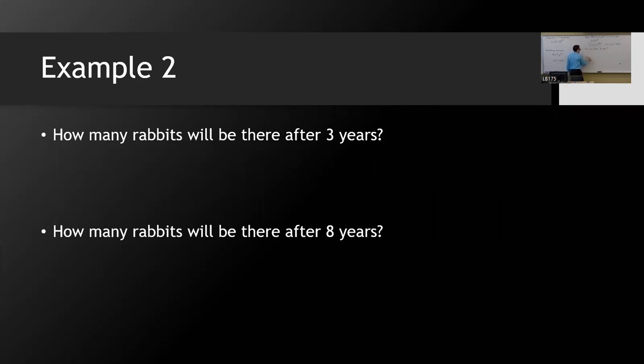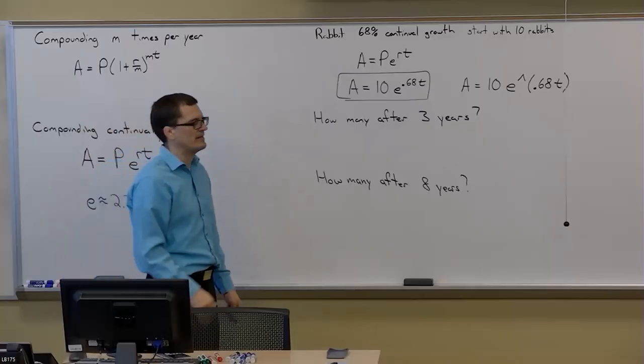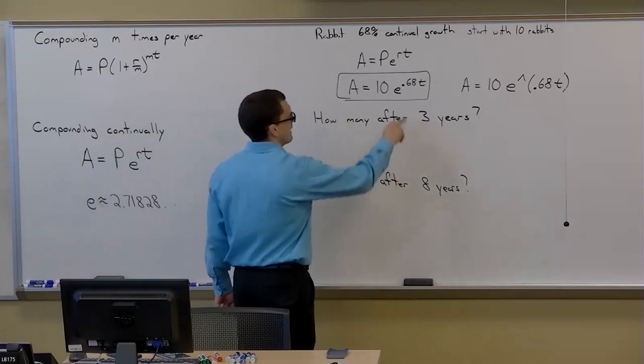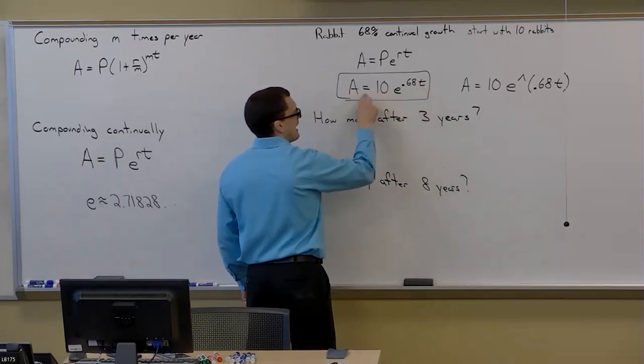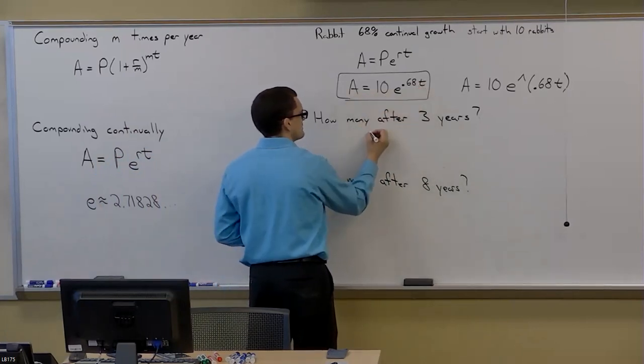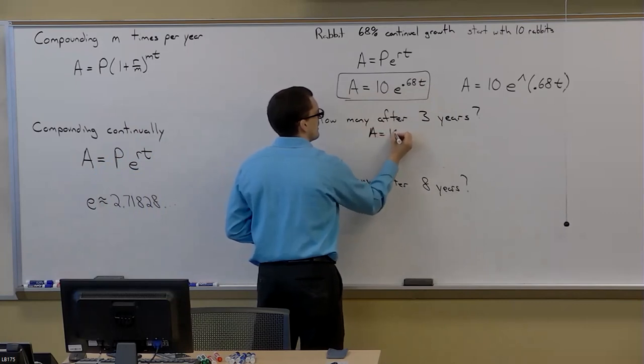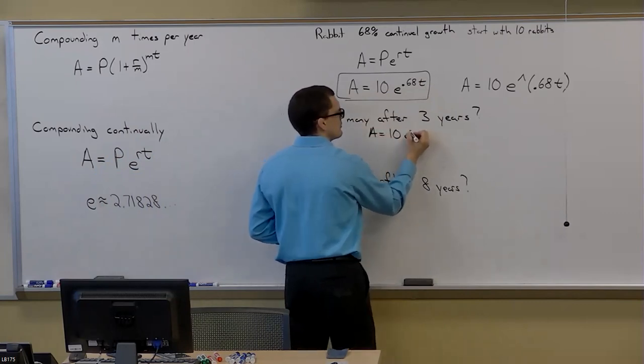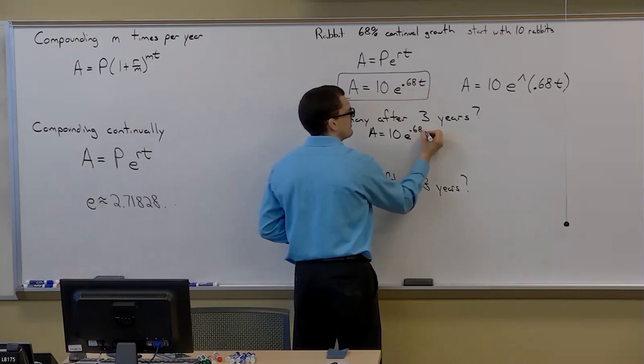And then how many rabbits are going to be there after 8 years? All right. So how many after 3 years? How many after 8? And it's pretty straightforward. A equals 10 E to the 0.68 times 3.